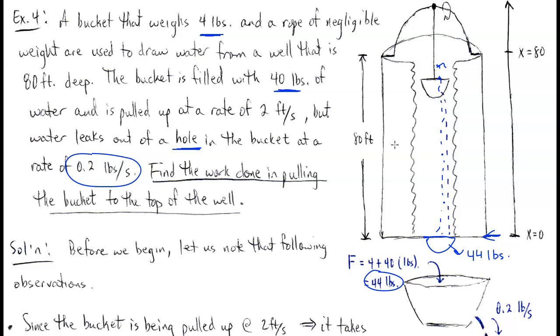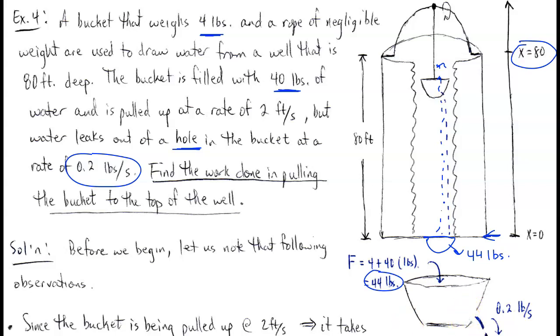Now, because water is leaking out of it, the bucket's going to weigh less the more we pull it up. So by the time we get to the top of the well, which is at 80 feet here, the bucket is going to weigh less than what it did originally when we started to pull it up.